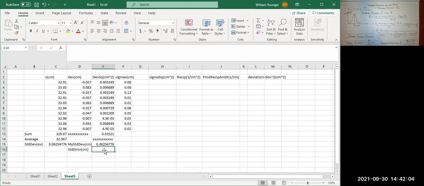So for this one, all I have to do is take equals standard deviation, and I'm going to divide it by the square root of 10. Divided by SQRT 10 in parentheses. So that's what my standard error is. Okay, that's the non-weighted average now.